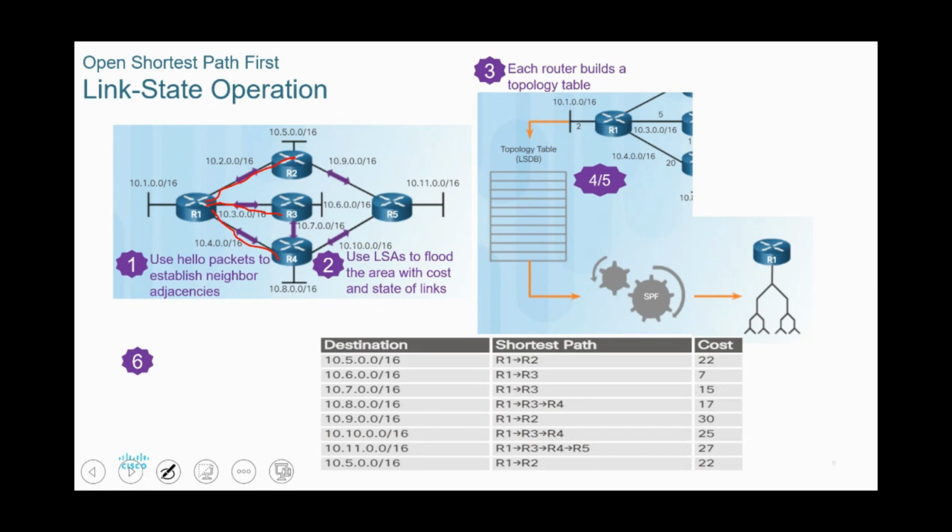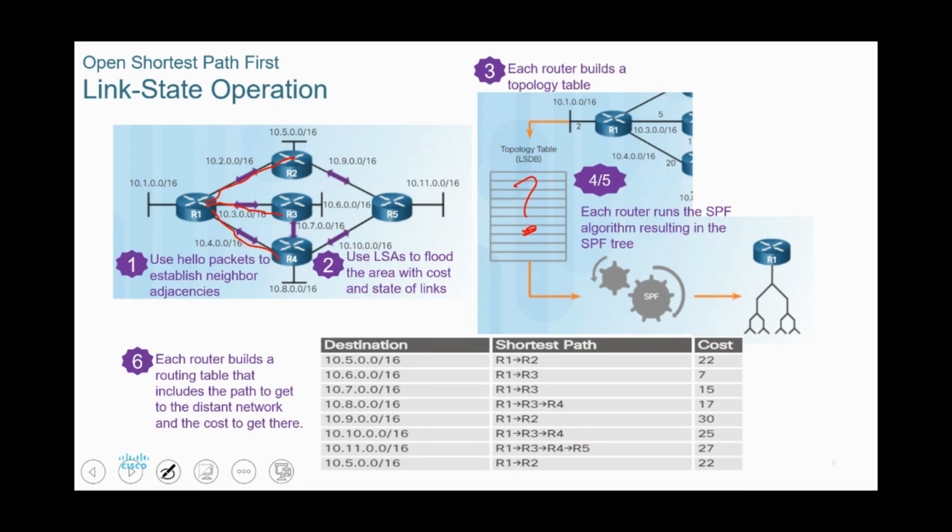Each router builds a topology table, which is filled up inside the LSDB, the link state database, and each router runs the SPF algorithm, resulting in the SPF tree. After that, each router builds a routing table that includes the shortest path to get to the destination network, complete with the cost metric to get there.